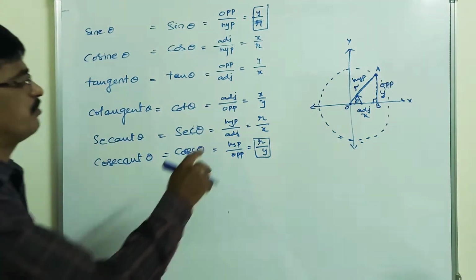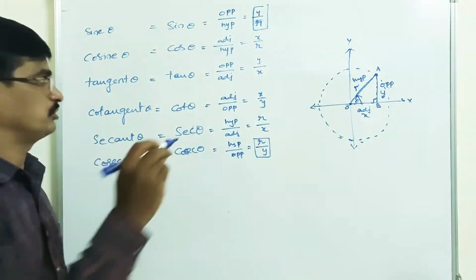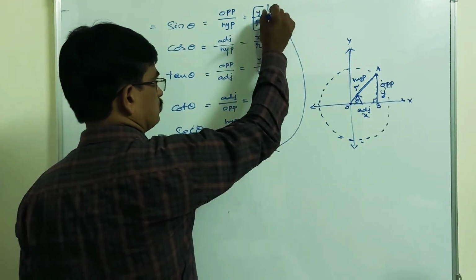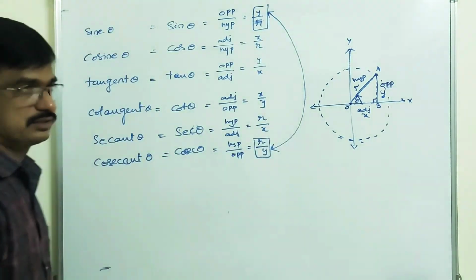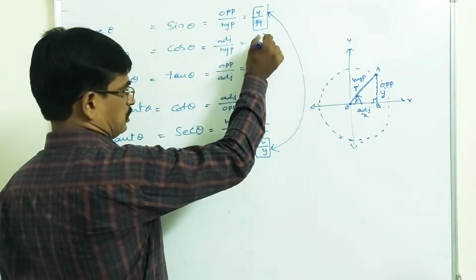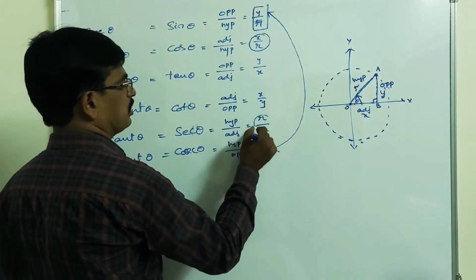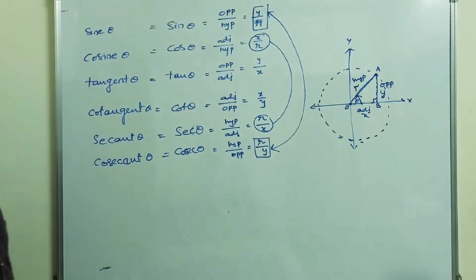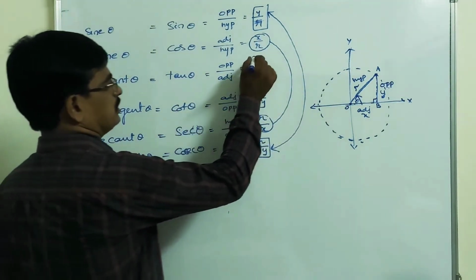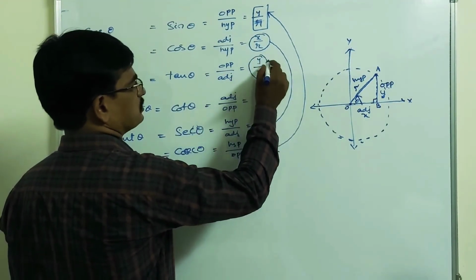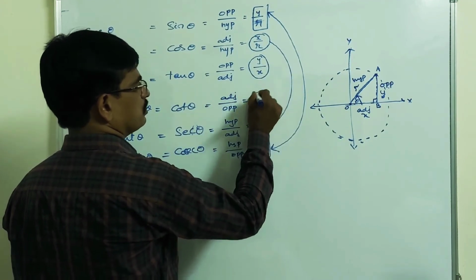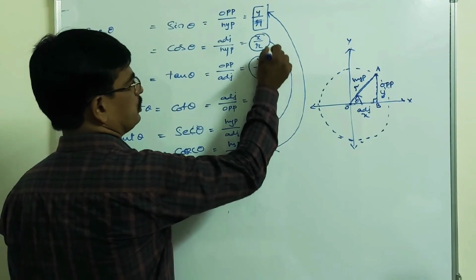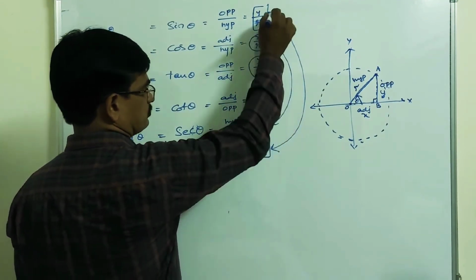Y by r and r by y are reciprocal to each other. Similarly, here x by r and here r by x are there, these two are reciprocal to each other. And here y by x, here x by y is there, these two are reciprocal to each other.